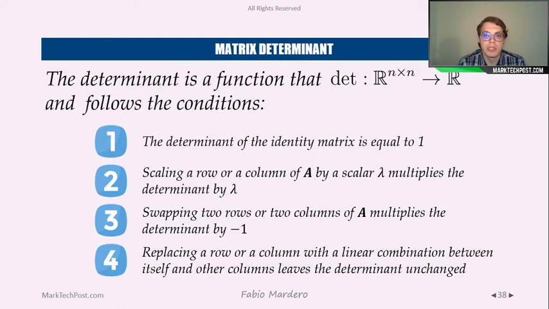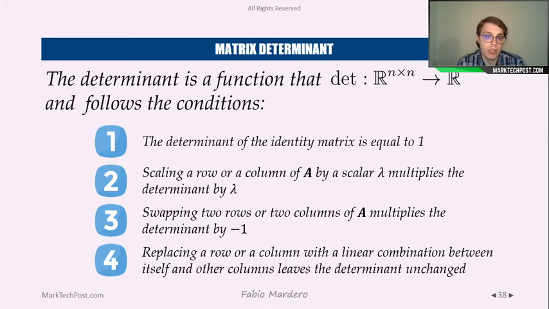So, the determinant is a function that takes a square matrix, returns to us a real number, and follows four conditions. The determinant of the identity matrix is equal to 1. Scaling a row or a column, before I talked about a column, but we can say the same for rows, of A by a scalar lambda multiplies the determinant by lambda.